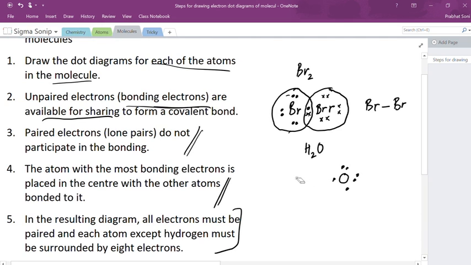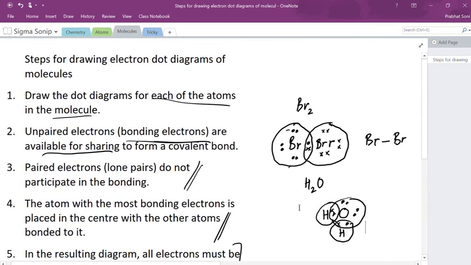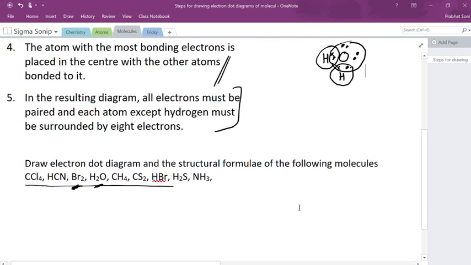I can clean that up, and I can write here, and that way my condition is satisfied: oxygen has 8 electrons, oxygen has a full octet, and hydrogen has 2 electrons. And that is all about these kinds of simple electron dot diagrams of molecules.